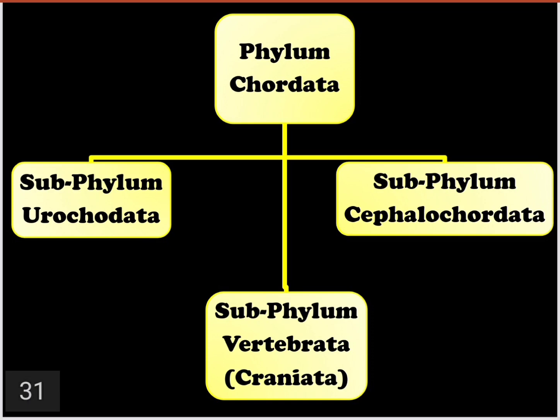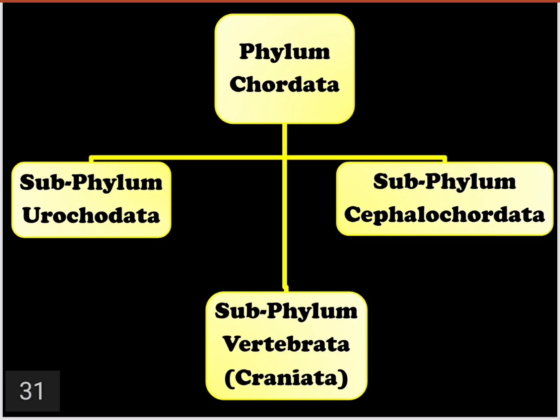So first let us look at the properties of Chordata. These animals have a supporting notochord. There is a notochord present inside their body, and this notochord is present during at least one stage of development. So it's not required that the notochord is present throughout the entire life of the organism, but at any one stage of its development it is present.